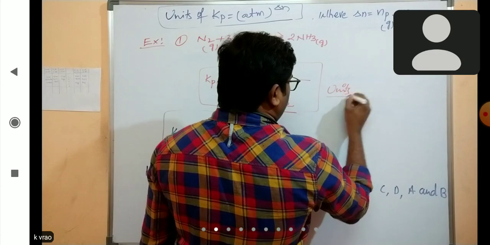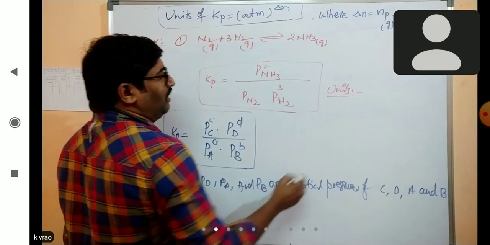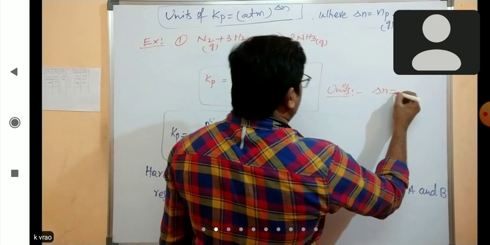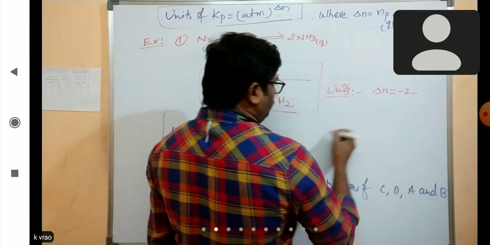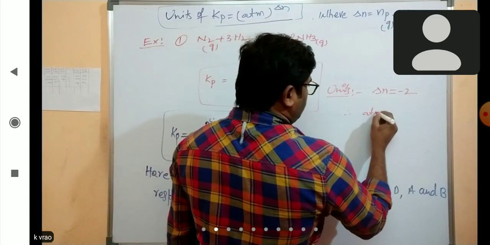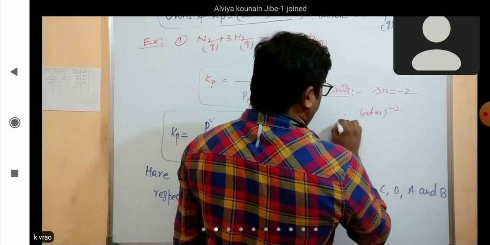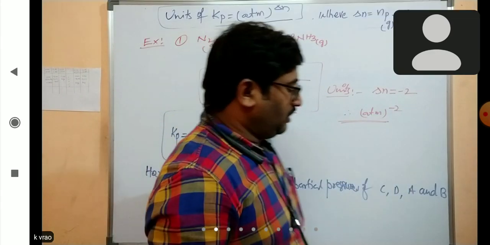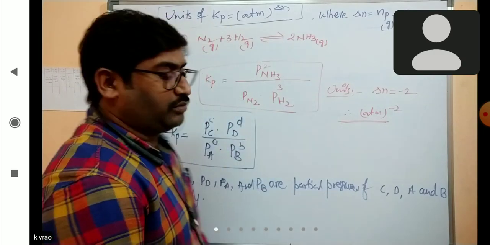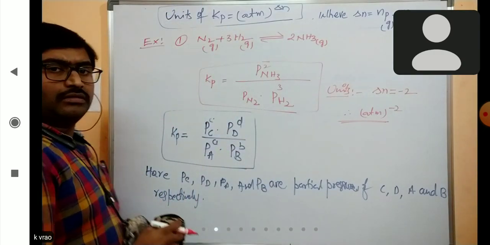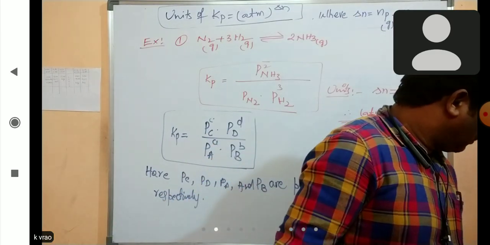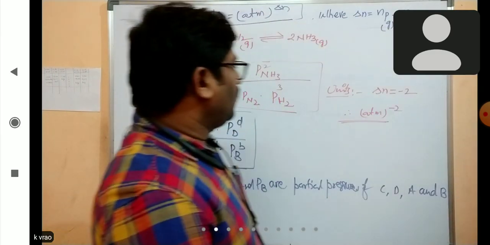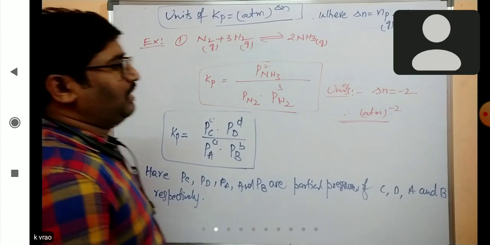The units of this reaction: delta n is equal to 2 minus 4, that is equal to minus 2. Therefore, atmosphere power minus 2. Listen carefully: units are atmosphere power delta n.